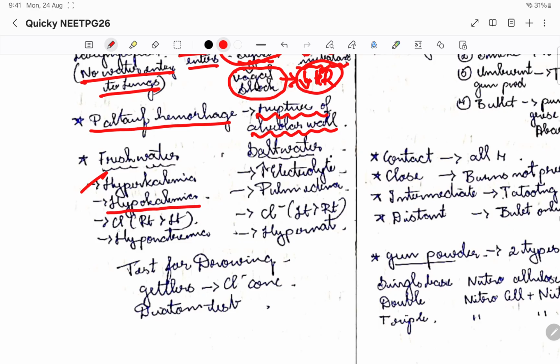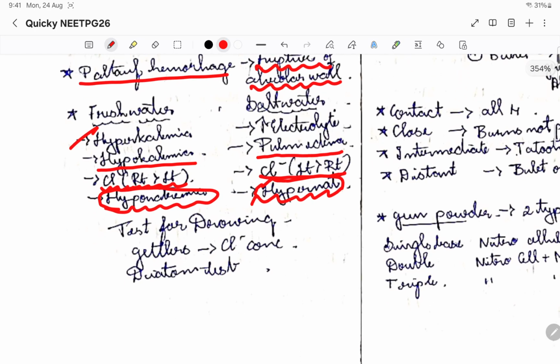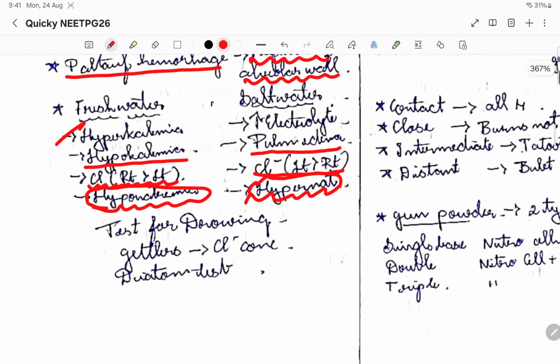Then chloride shift will be from right to left, then hyponatremia, because it is not salt water, whereas in salt water it is going to be hypernatremia. Then chloride shift will be left to right. There will be pulmonary edema with respect to saltwater drowning. Please remember that. Then the tests for drowning are Gettler's test and the diatom test.